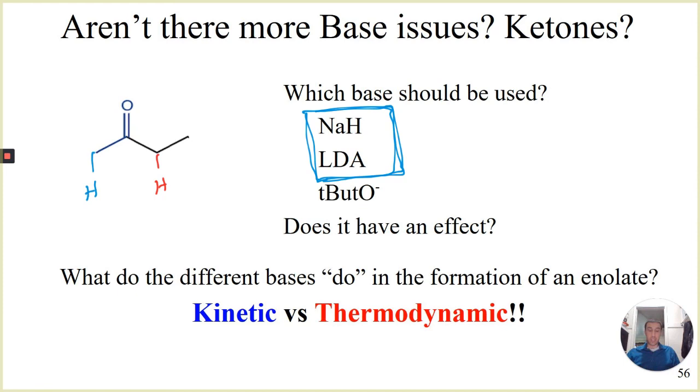Okay? The other one, our T-butoxide, is still going to react with the blue hydrogen because it's the fastest. Right? It is the kinetic product.